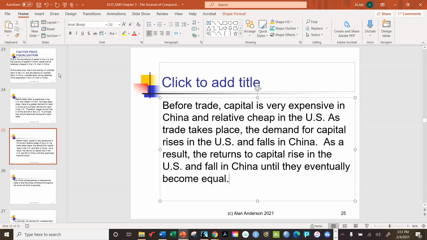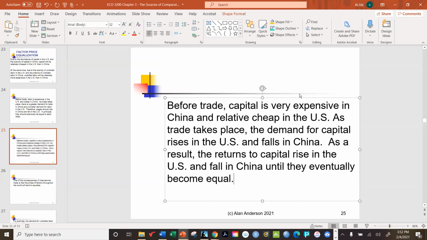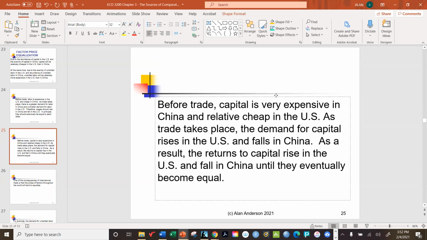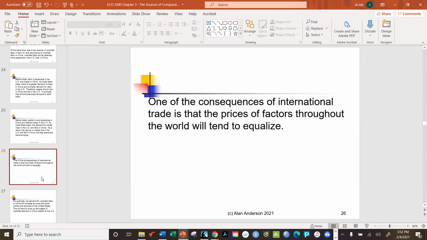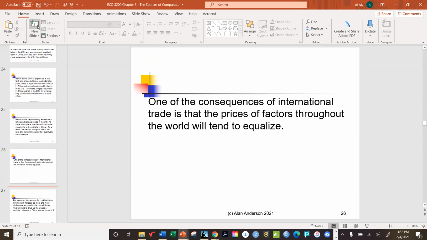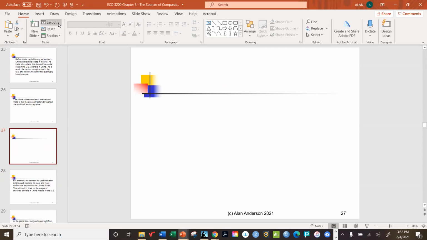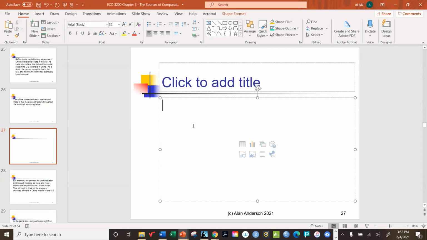Okay, so this is again one of the consequences of this trade theory. Let's throw this in here as well. So in other words, before trade, labor is expensive in the US.